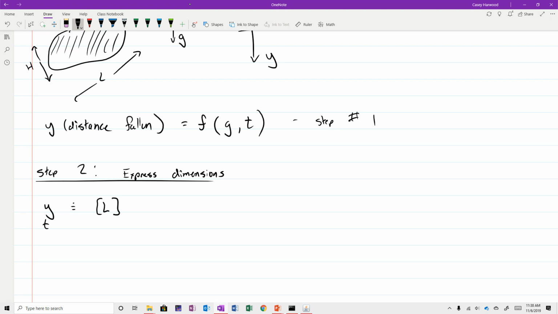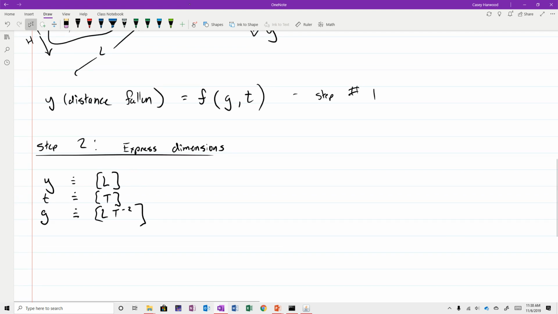We've got time, which has dimensions of time, obviously. And we've got gravity, which is length time to the negative 2. Step 3 is determine the number of pi terms.